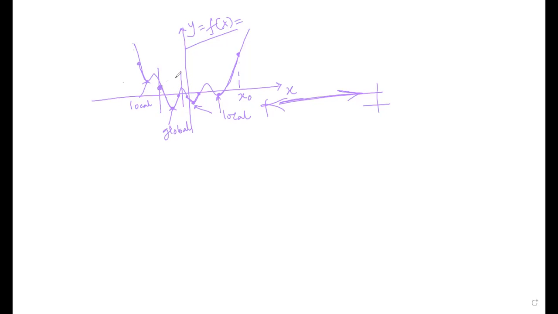Or if you are lucky enough to choose the initial value of your iteration here or anywhere here, then your gradient descent algorithm will yield you the global minimum, otherwise not. Okay, so still it can find some minima, be it local or global. It can give you some solution, but the answer I haven't got yet.